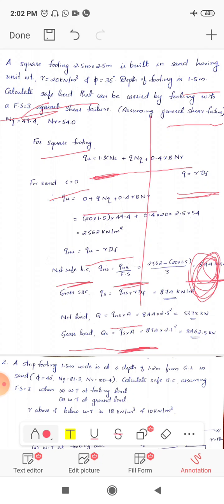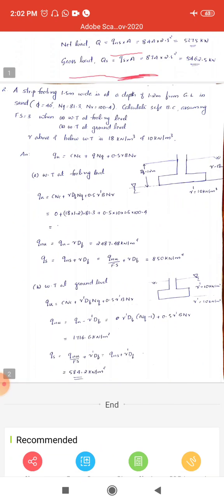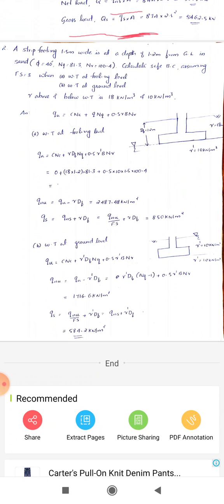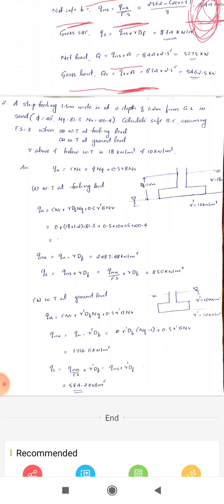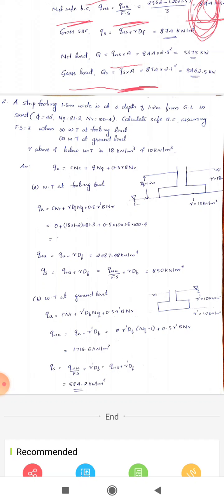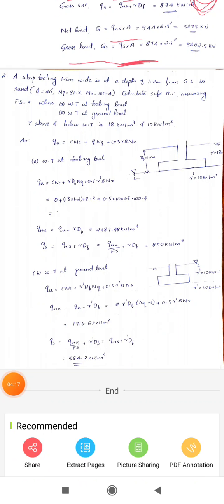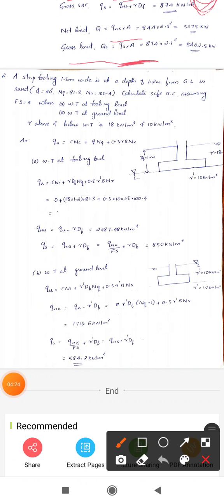Okay, so next problem. Next problem is based on effective water table. In the last class we have studied the effect of water table on bearing capacity. Problem: a strip footing of 1.5 meter wide is at a depth of 1.2 meter from ground level in sand.